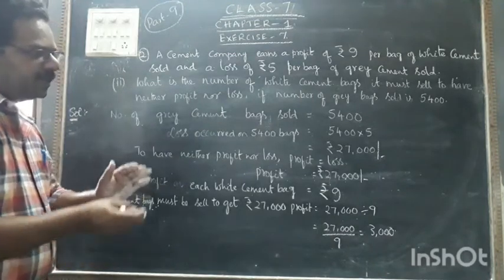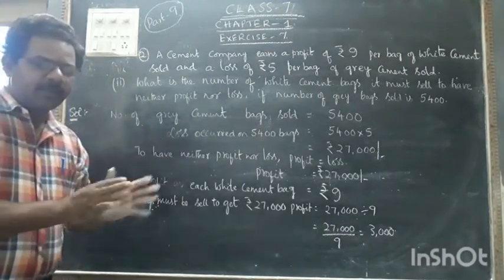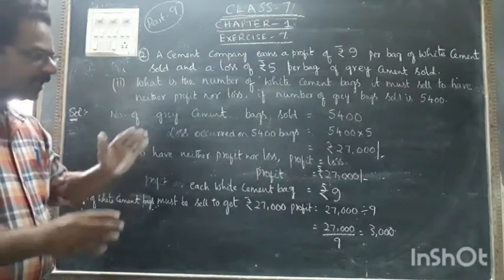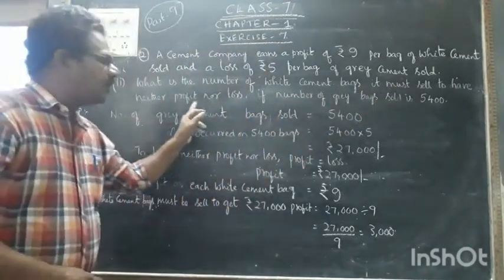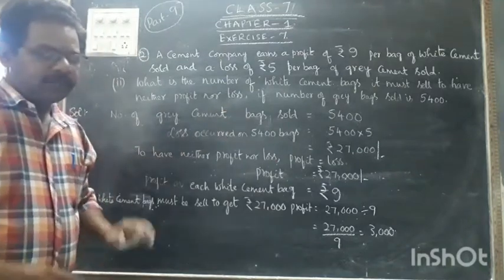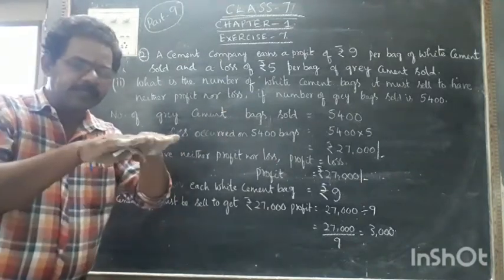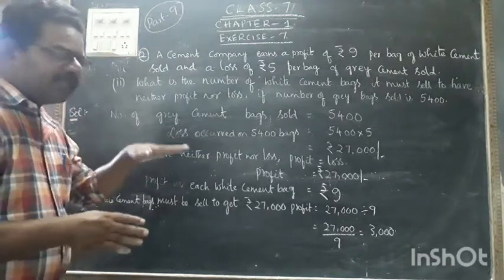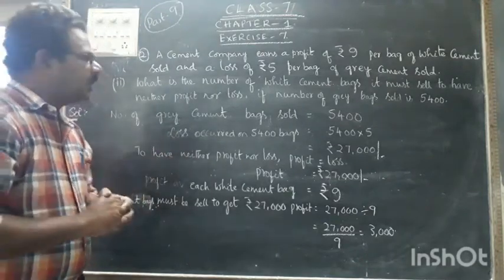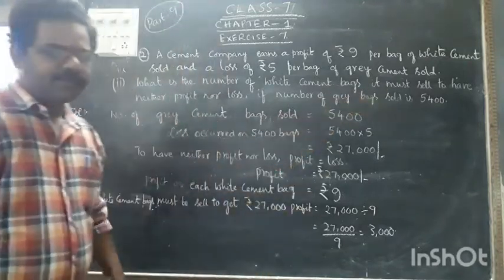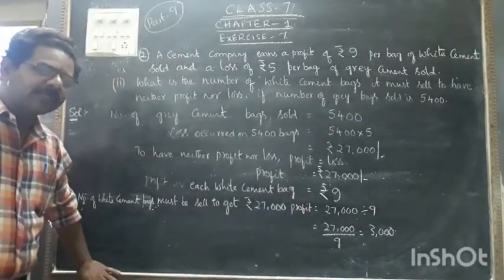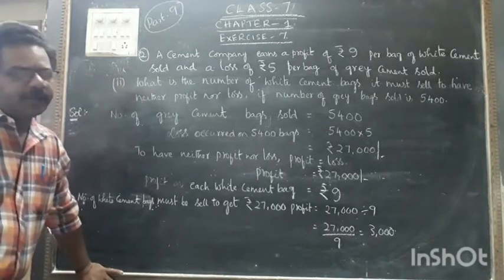That time it will lose some amount. At the same time, to have neither profit nor loss, without profit and without loss, that means both should be equal. Profit is equal to loss. Then, how many white cement bags must it sell? That we have to find out.